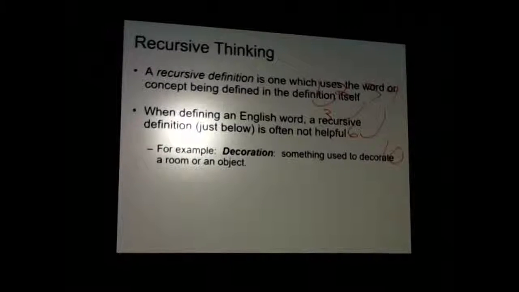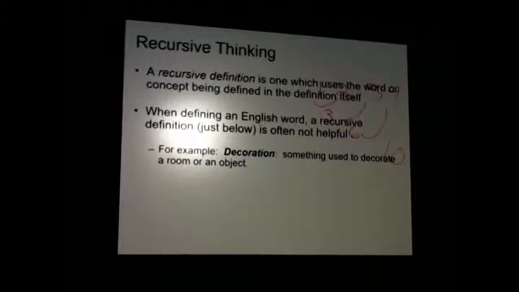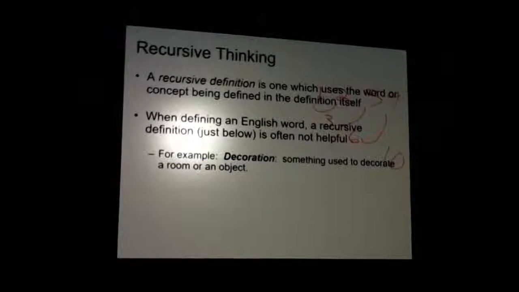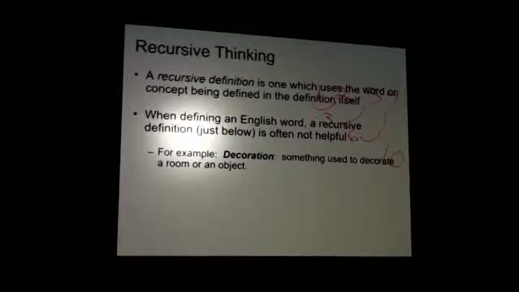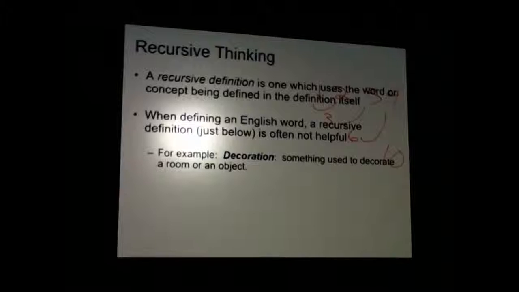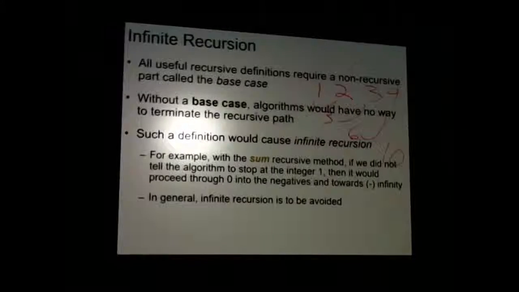So like decoration, something used to decorate a room. So that's not helpful. Something that is used to give the room more interesting flavor. That's not recursive, which would be non-recursion is a loop, a while loop or a for loop. But recursion is a method calling itself.